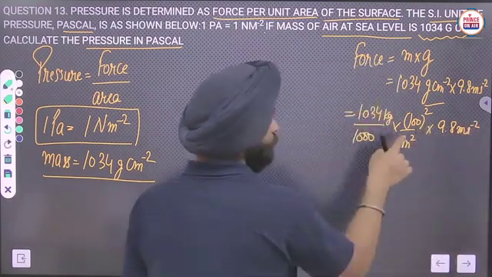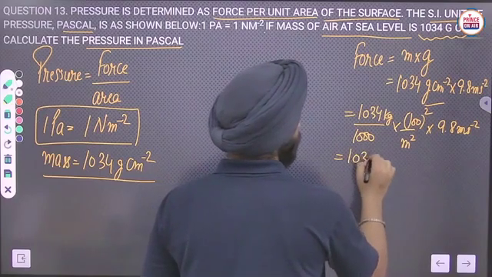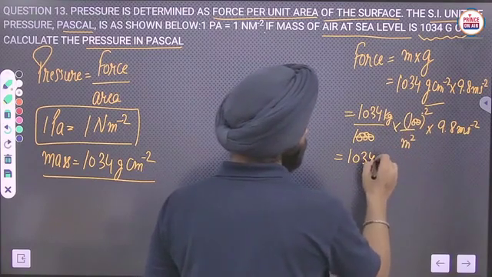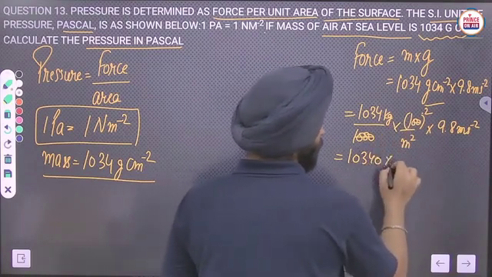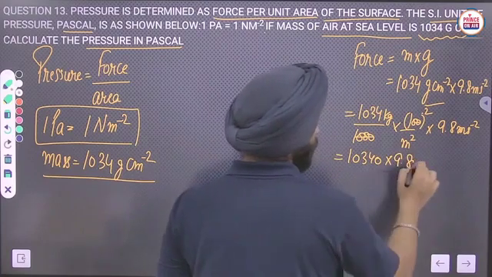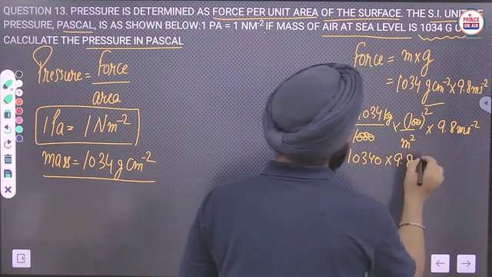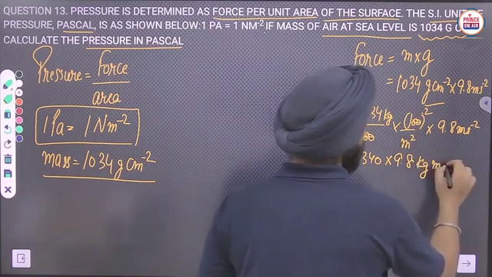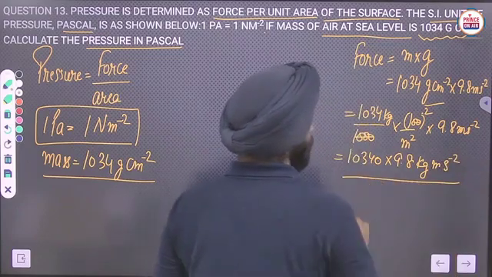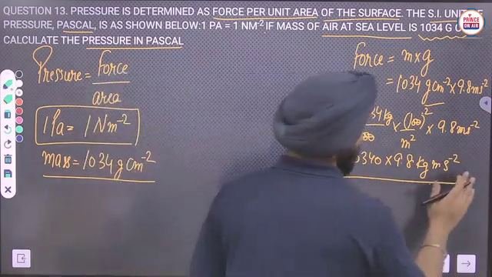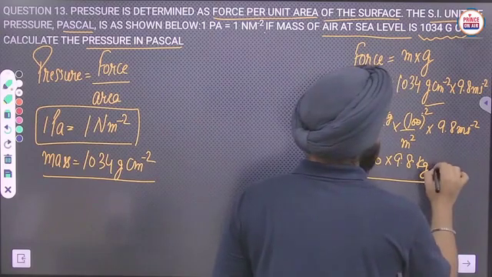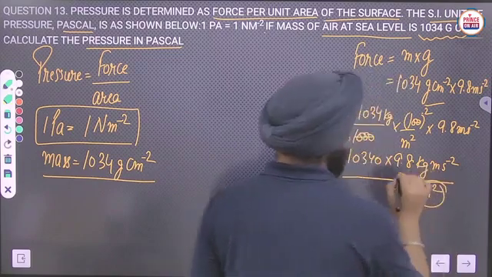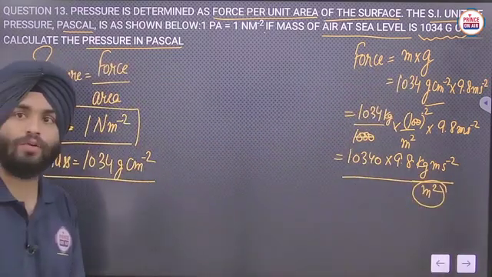So that value will come out to be 1034. If you cut this value, one more zero will be left, into 9.8. Then kilogram, then meter, 1 meter will be left, per square second. Kilogram meter per square second upon per square meter, in unit meter.